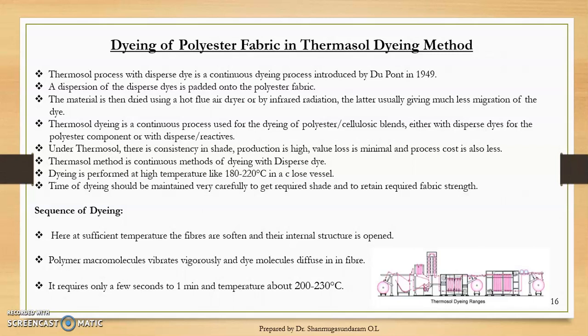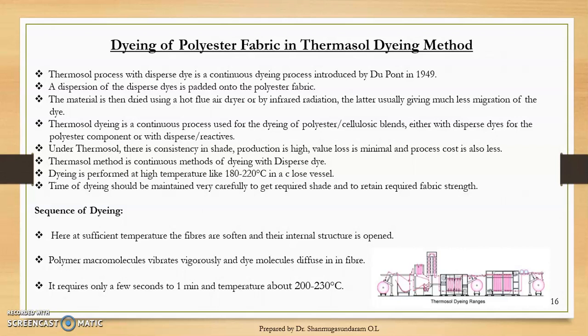In the thermosol dyeing method, there is consistency in shade, production is higher, value loss is minimal, and process cost is also very less. The thermosol method is a continuous dyeing process with the dispersed dyes. Dyeing is performed at higher temperature. Please look at the slide. The temperature in the dyeing process has to be maintained at 180 to 220 degrees Celsius.